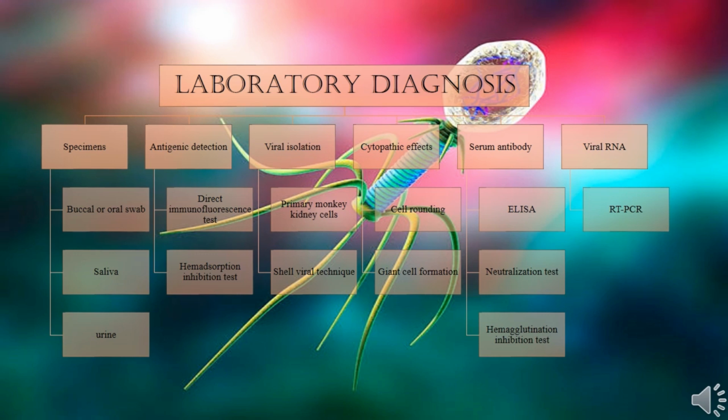Cytopathic effect includes cell rounding and giant cell formation. ELISA, neutralization test and hemagglutination inhibition tests are used for serum antibody, and to detect the viral RNA, RT-PCR is the most commonly and widely used method.